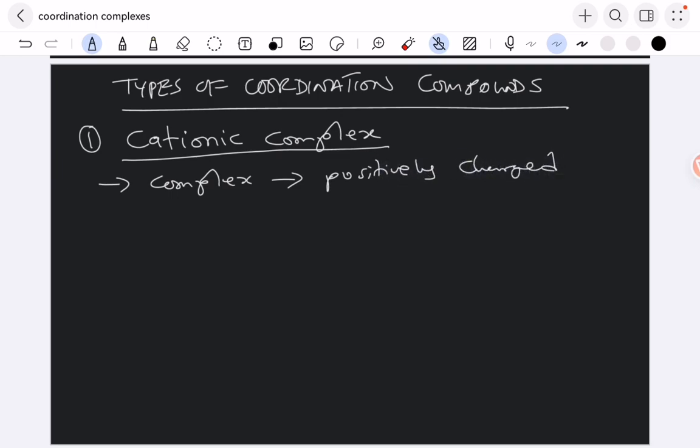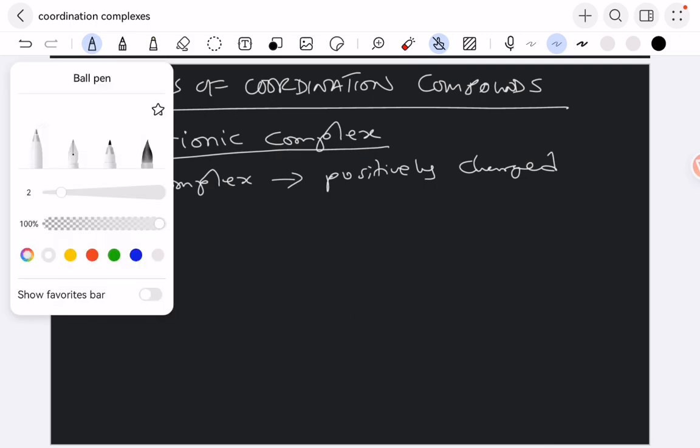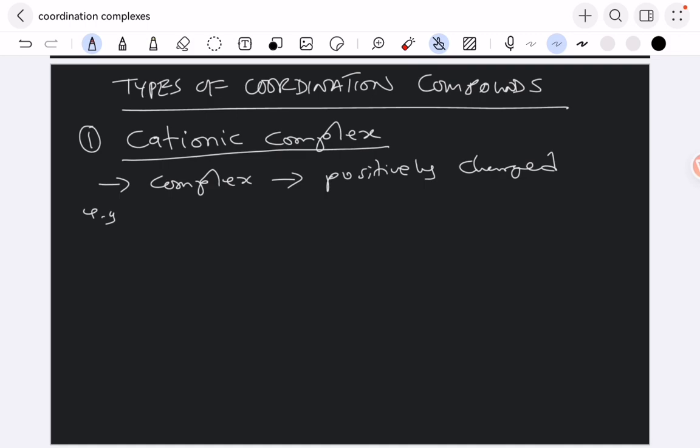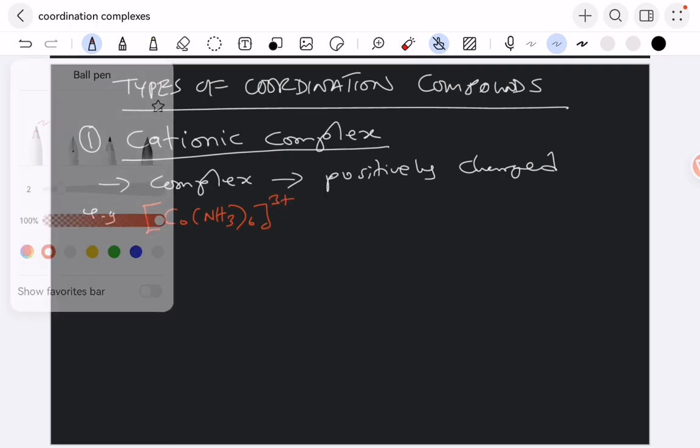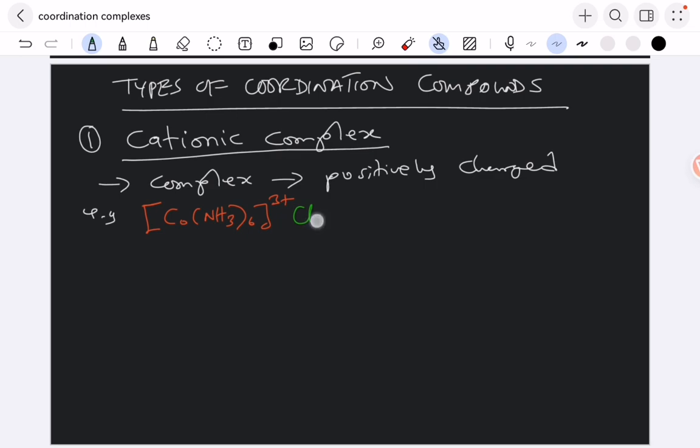So the complex is found on the positive side. For example, I'm going to use red for the complex, we have hexaamine cobalt 3, then allow me to use Cl3. So this is the positive side. When the complex is found on the positive side, this is called a cationic complex.